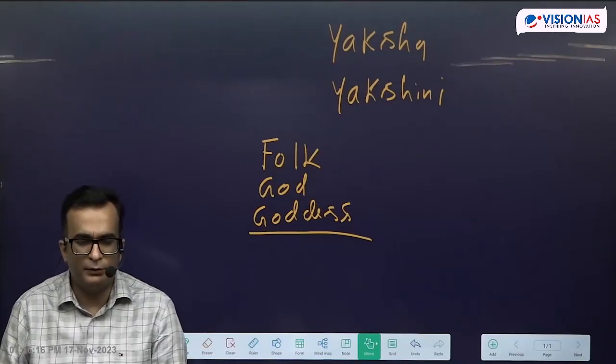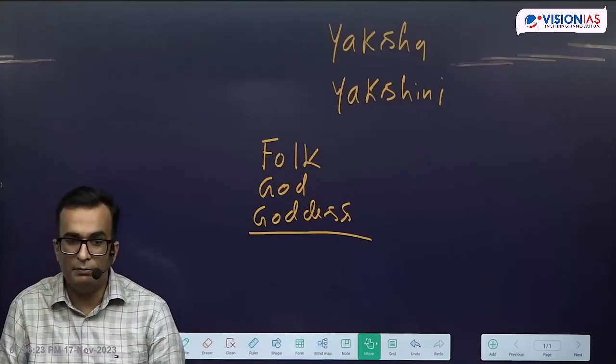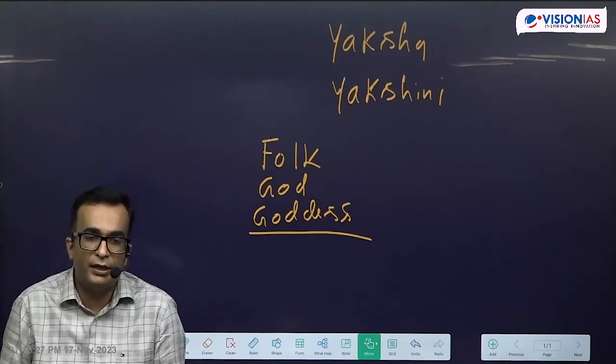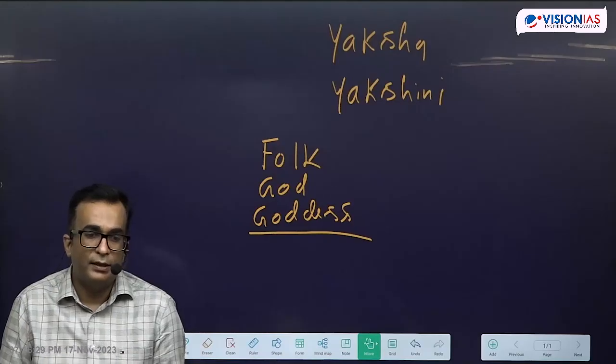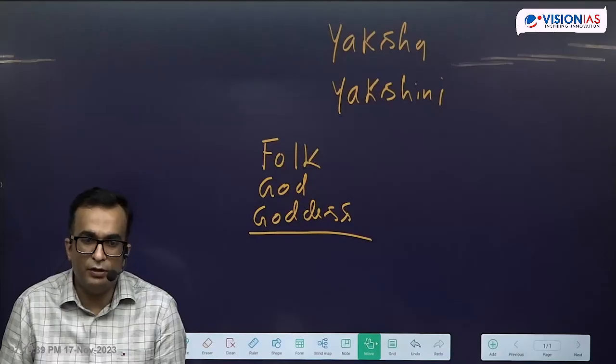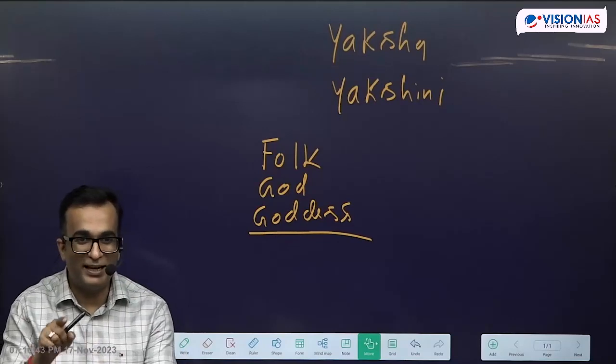For example, Yaksh is mentioned in Mahabharata as the demigod, associated with the preservation of the order of the nature. Demi, not semi, DEMI.